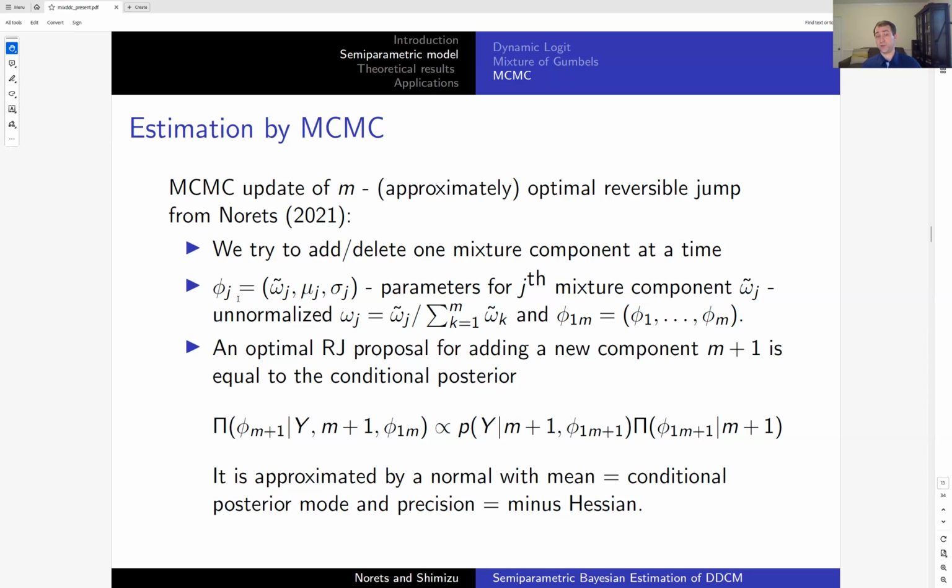But what you get is that the functions of the number of mixture components estimated from this type of MCMC run will have the smallest possible variance. So we rely on results from Peskun and Tierney's generalization to arbitrary state spaces for Markov chains, and using the so-called Peskun orderings to show that it's optimal.